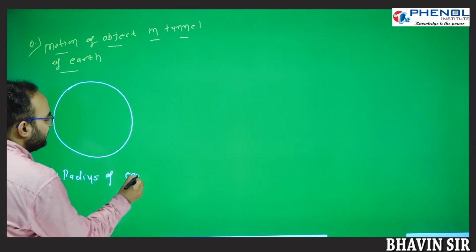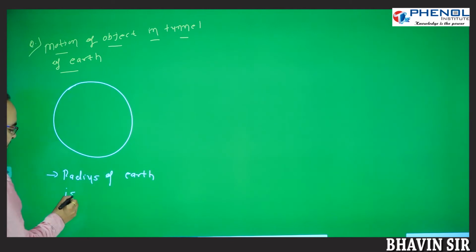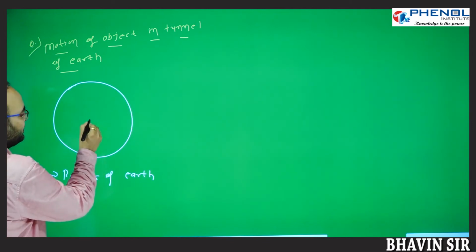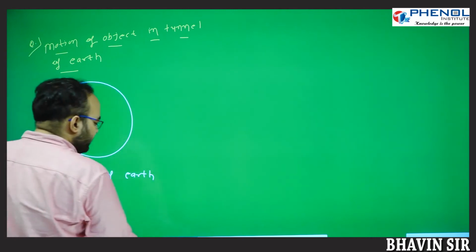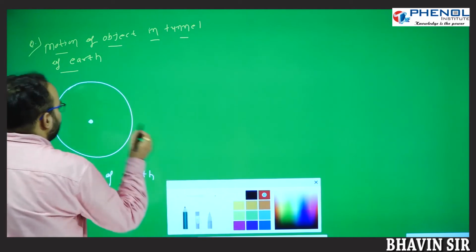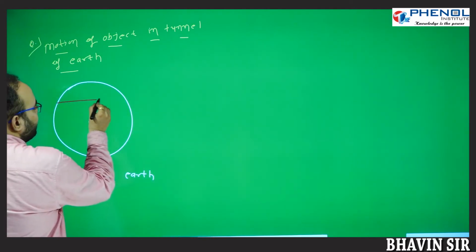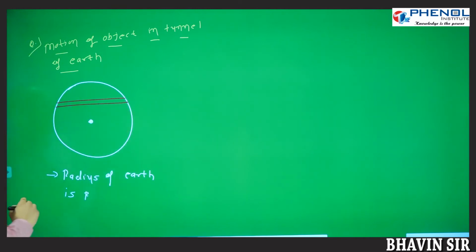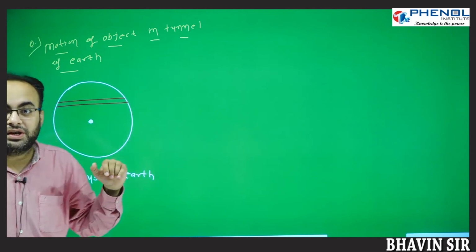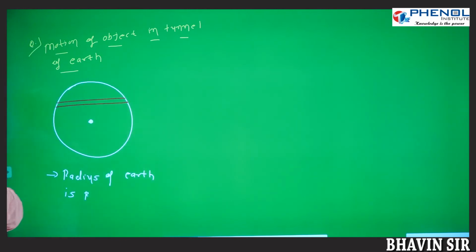The radius of the earth is R. This is the center. Now suppose this is the tunnel. A tunnel means there is a cut through the earth. This is the tunnel in the earth.